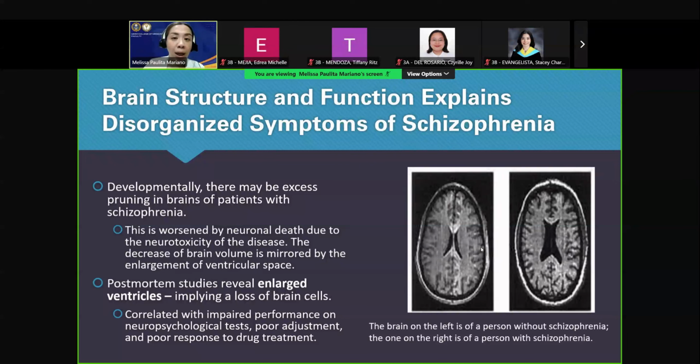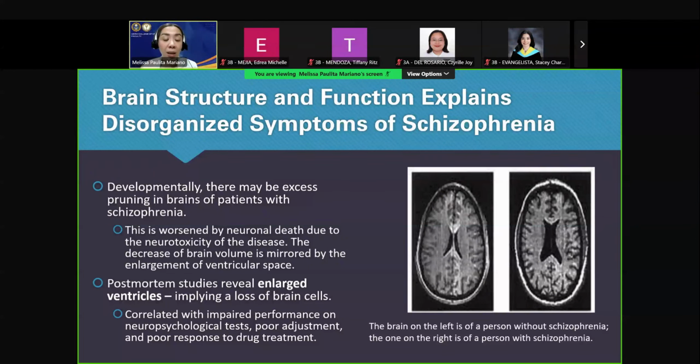The brain structure and function can help us understand why there are disorganized symptoms of schizophrenia as well as negative symptoms. Developmentally, as children grow, of course, there is a phenomenon called pruning to remove excess synaptic connections.